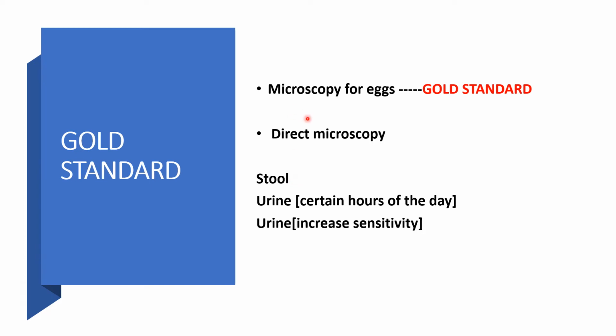So if that is the case, like people traveling up and down, moving from one zone to the other, moving from one country to the other, getting Schistosoma haematobium in one place, the following week in another country swimming in the river, doing everything and becoming contaminated with Schistosoma mansoni or japonicum or intercalatum in another community, then I will be sure that I'm truly dealing with the exact species through direct microscopy.